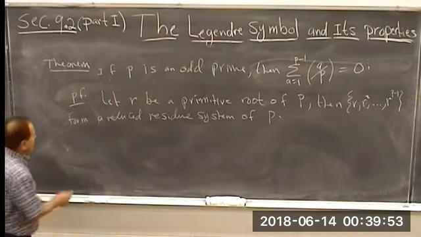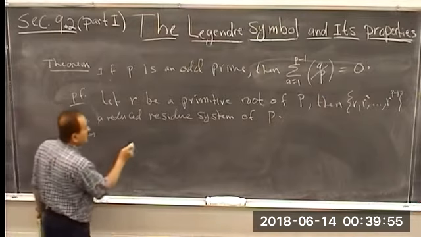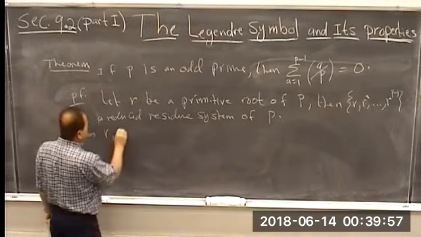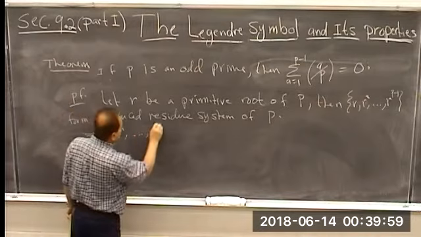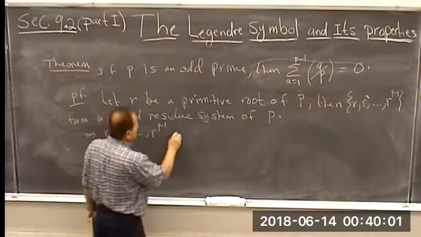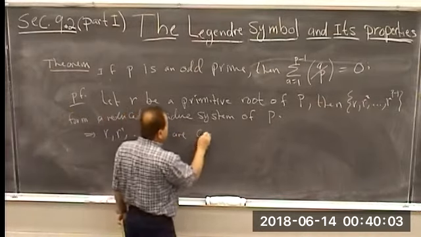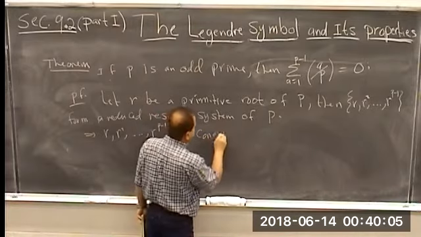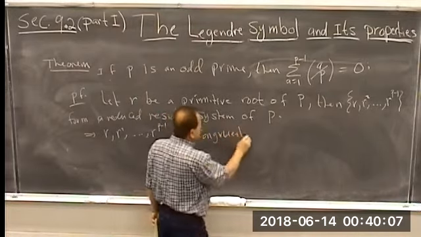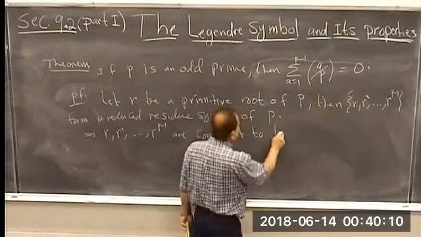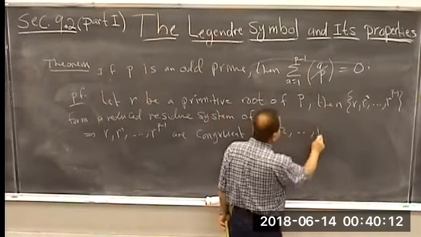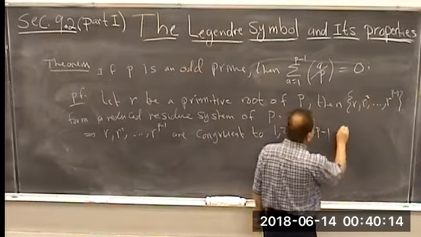So this implies again that these integers, R up to R to the P minus 1, are congruent to 1, 2, up to P minus 1 in some order.